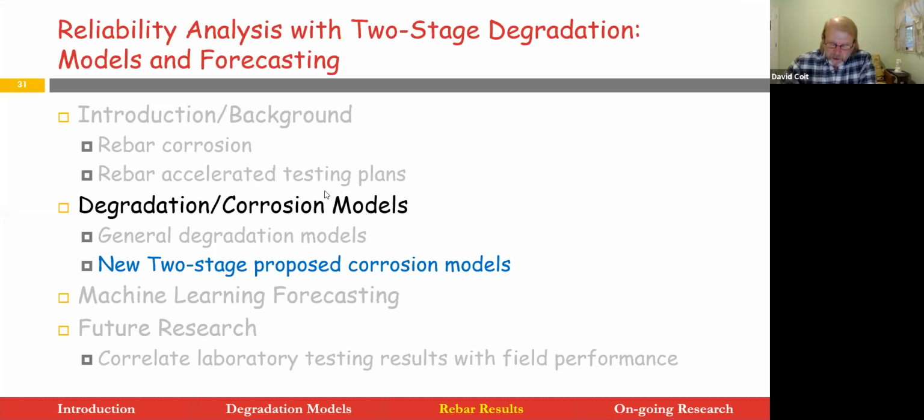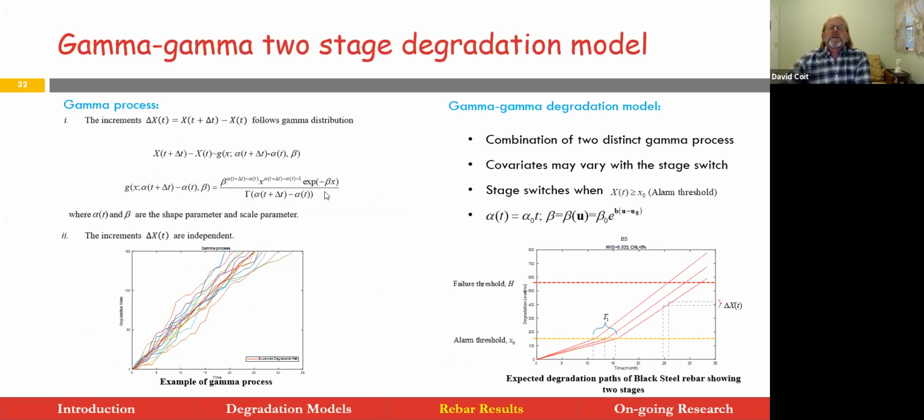Now the models we're going to propose. First, a gamma. We have two stages. A gamma process, again, means between two points in time, the change in degradation is a gamma distribution. A gamma distribution has two parameters, a shape parameter and a scale parameter, alpha and beta.